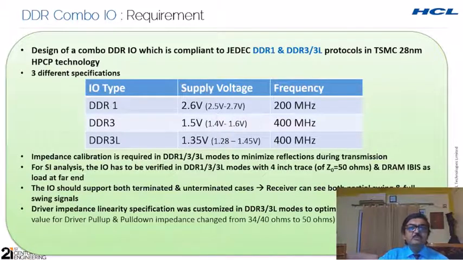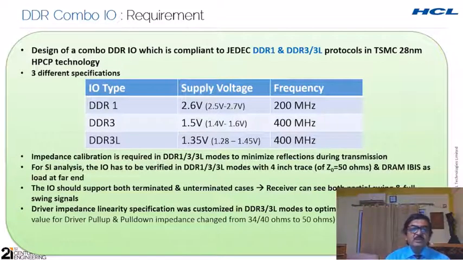In a design, we also need to verify the impedance calibration for all these modes, and the signal integrity, which we had to do for a 4-inch trace at 50 ohm characteristic impedance, with DDR IBs as a load at the far end.